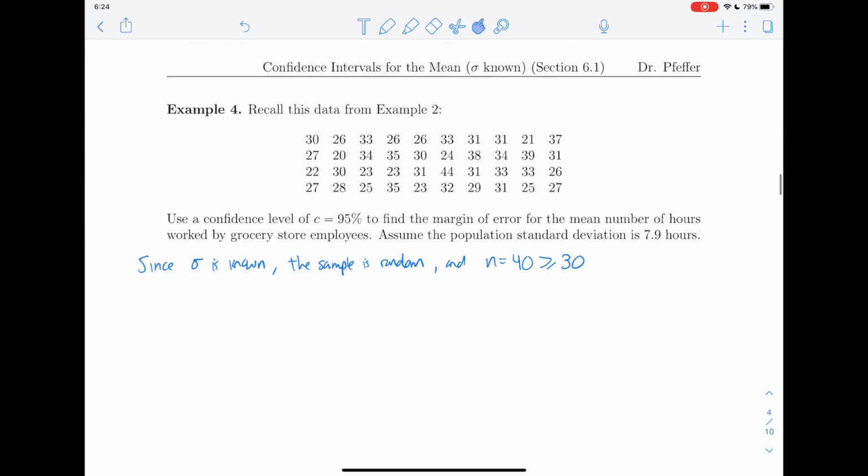We now have enough information at our disposal to turn around and say that we can use the formula E is equal to z sub c times sigma over the square root of n. If you do not check this every time, you cannot use this formula. And so it's definitely going to be something that I'm going to be looking out for.